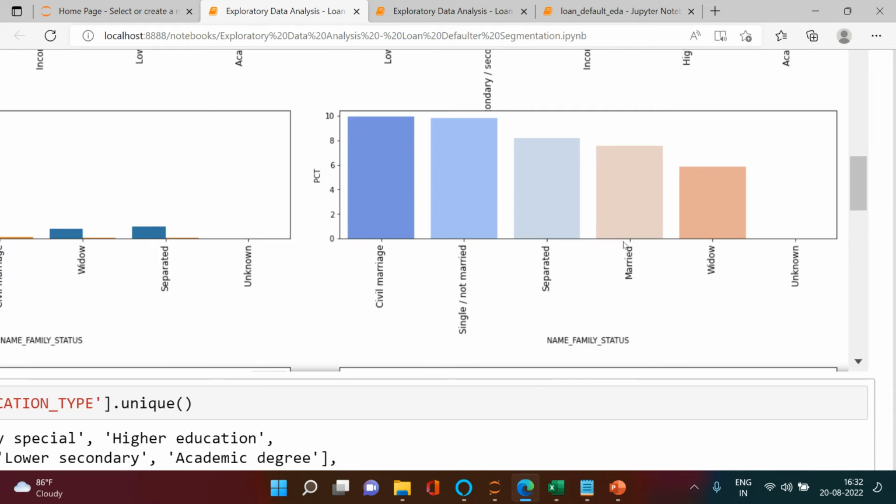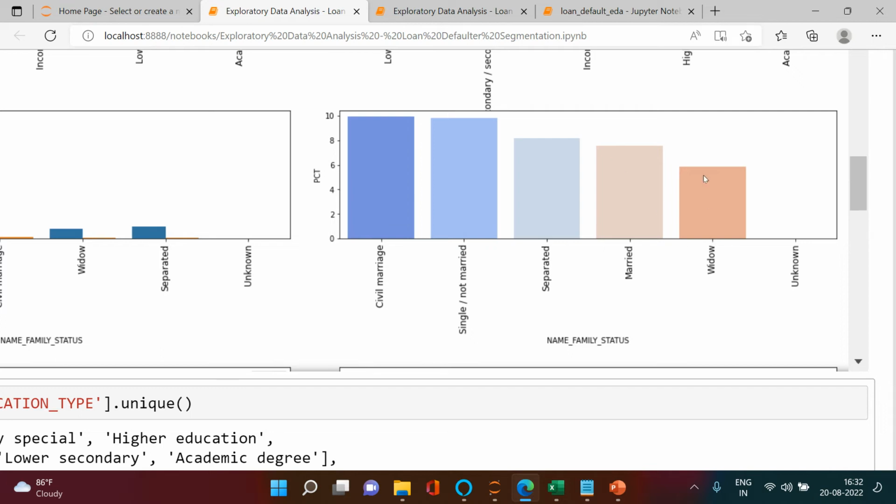The default rate for married people is quite less compared to those who are civil married. I don't know what exactly it means when it says civil marriage, not going to get into that. But yes, they have the highest default rate, and married has the lower default rate.